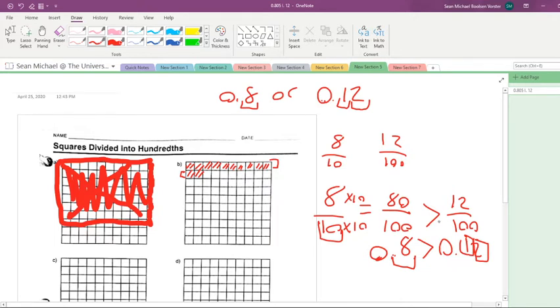So that's one way to remember: one digit equals tenths, and two digits equals hundredths. So that's a good thing to remember. So if you see two digits like this, you are going to be dealing with a 100.